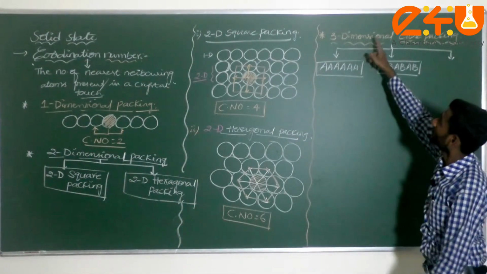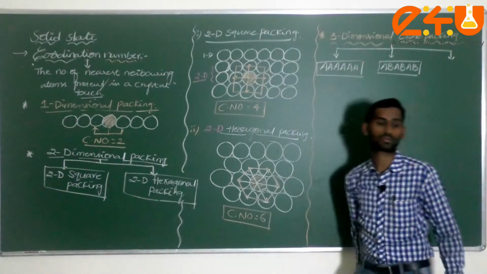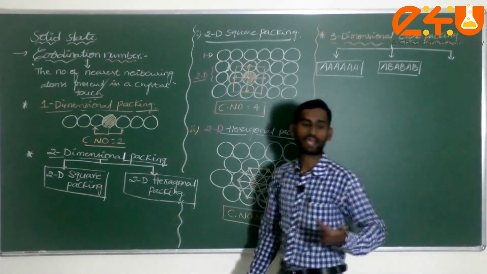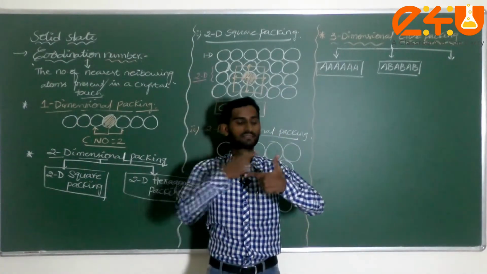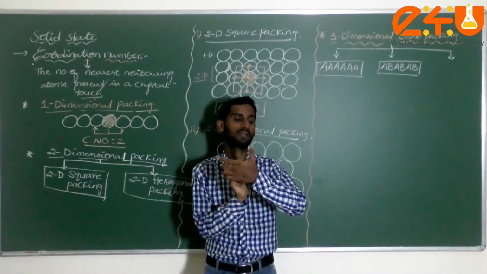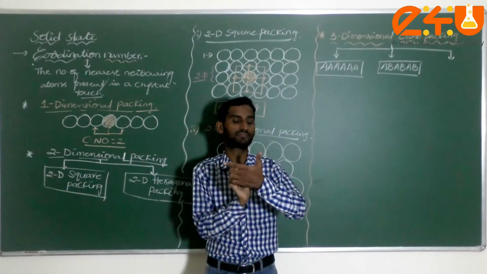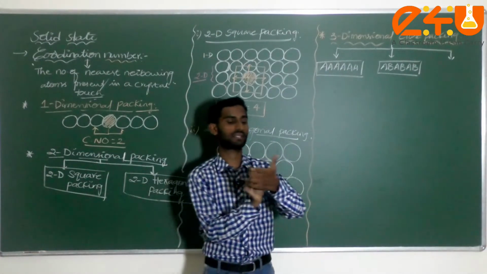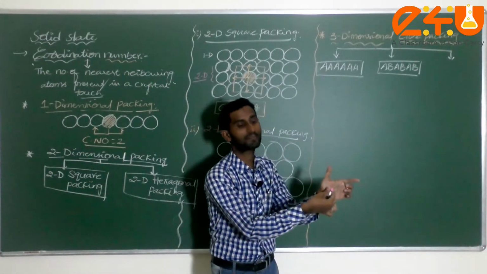Here, 3-dimensional we have to consider, dear students. We are mentioning 3-dimensional because the x-axis is here, the y-axis is here, and where is the z-axis? The z-axis is perpendicular to each other. These 3 axes are perpendicular to each other, that's why we can't see it. This is the z-axis. Am I correct or not?